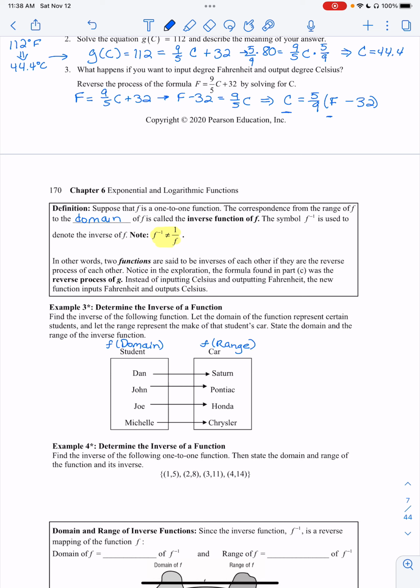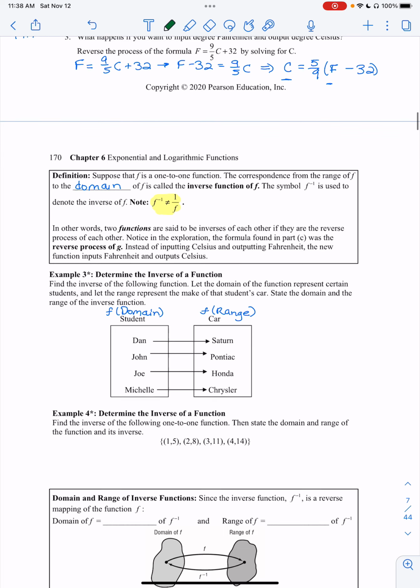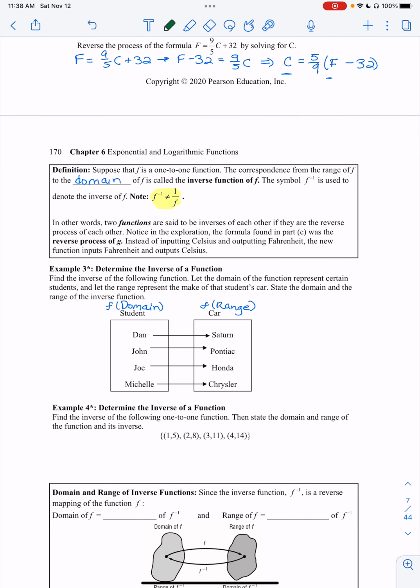So if I'm looking at an inverse function, what I want to be able to do is find out what kind of car the person drives and figure out who that person is. So here, f inverse is the inverse of f. This is the domain. And this is the range for the inverse of f.